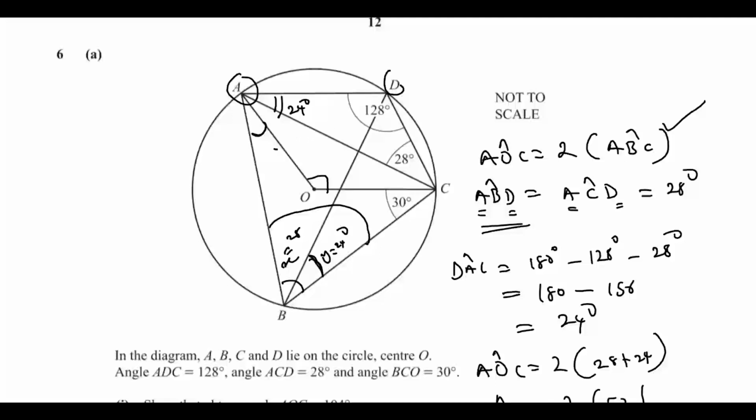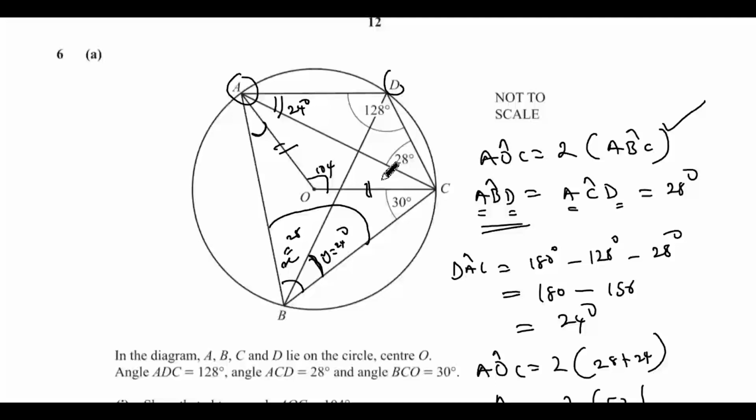That is, this angle and this angle are what? They are equal. They are base angles of this isosceles triangle, and we just found this AOC to be 104. So it is easy for us to get these angles now.